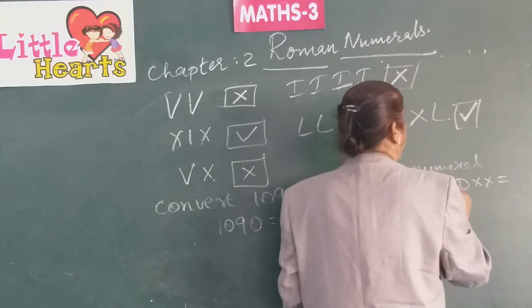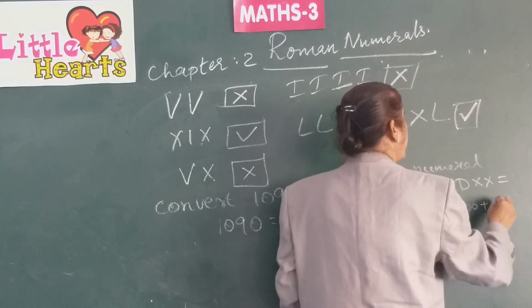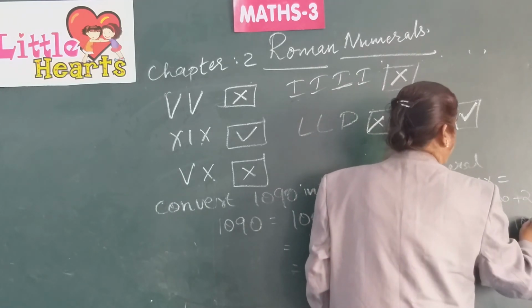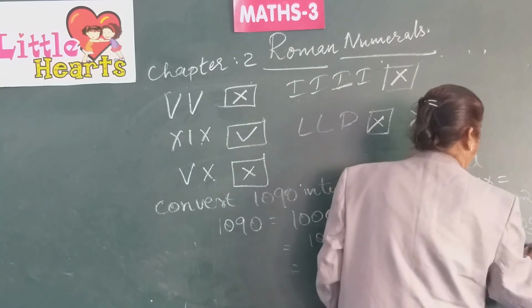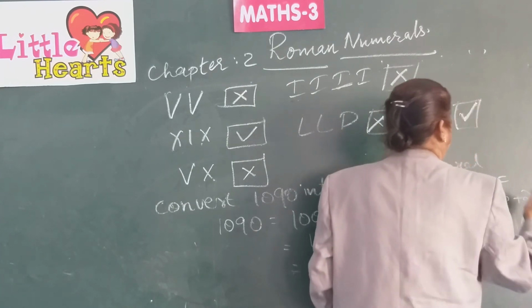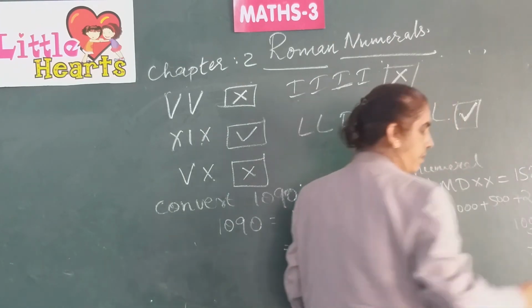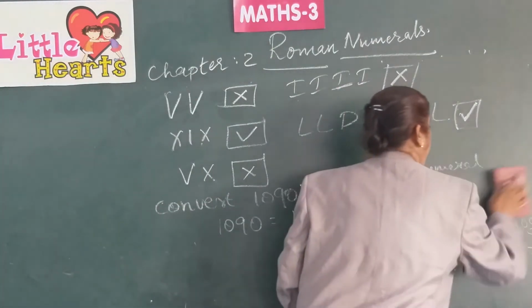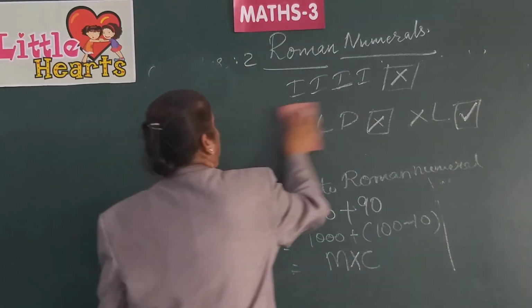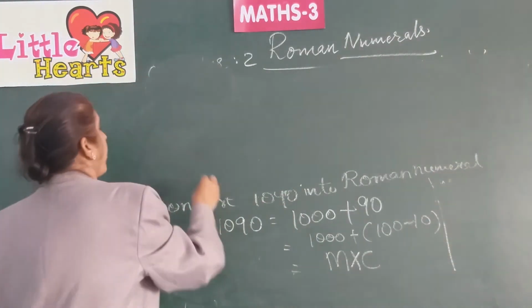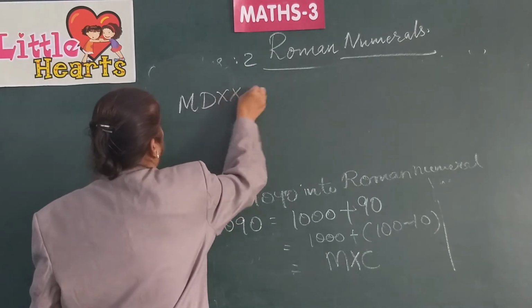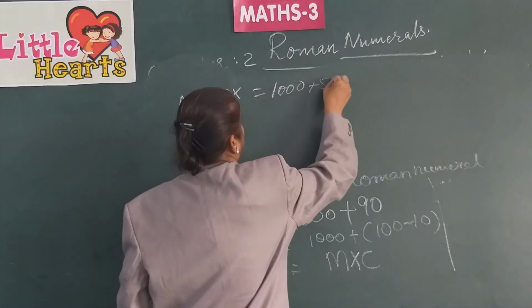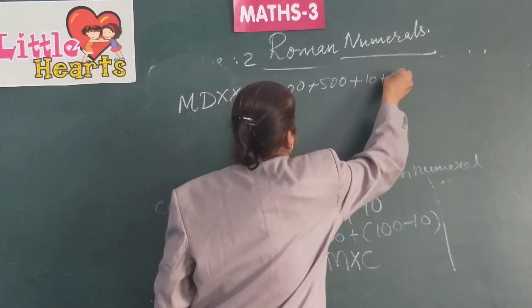MDXX equals M is 1000, D is 500, X is 10 plus 10, which is 20.